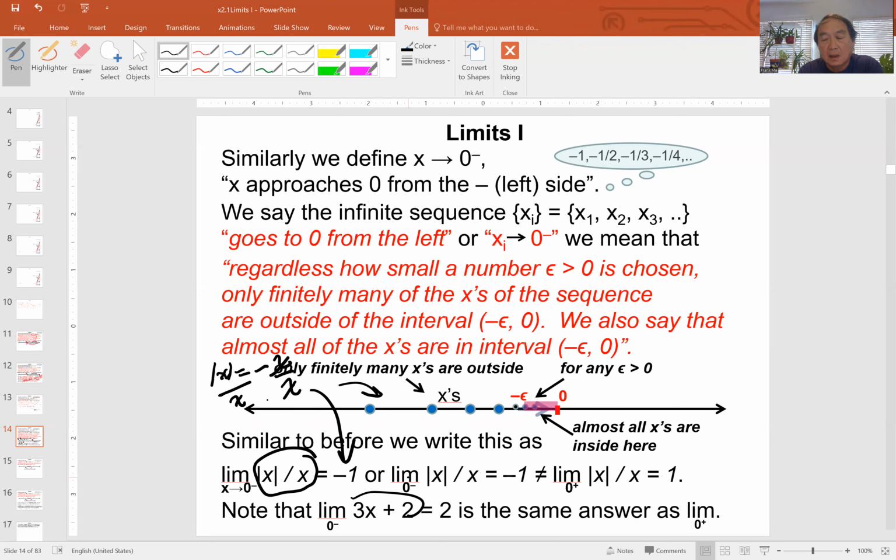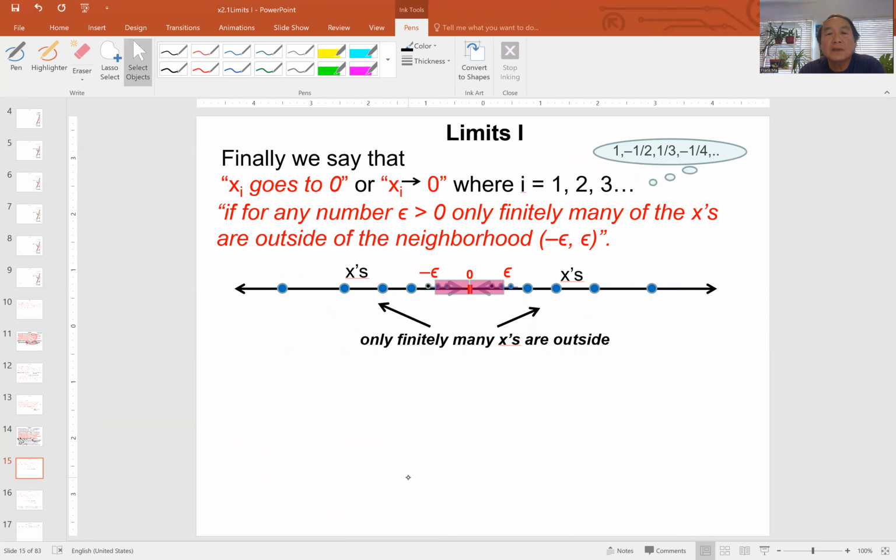Then finally, if we drop the plus and minus directions, if x just goes to 0, it means the sequence might be jumping back and forth between positive and negative numbers, but the absolute value has to go to 0. So think about an alternating sequence such as that.